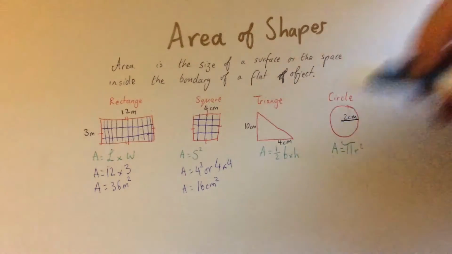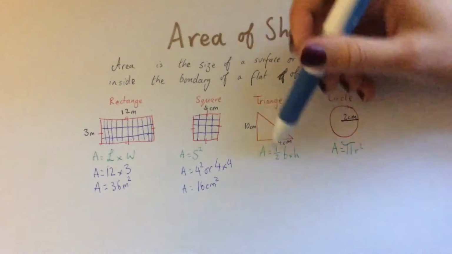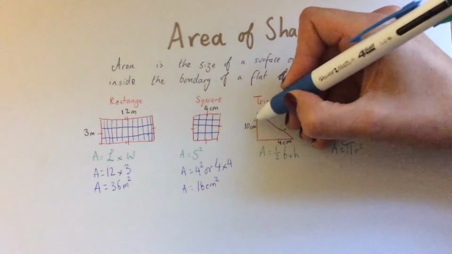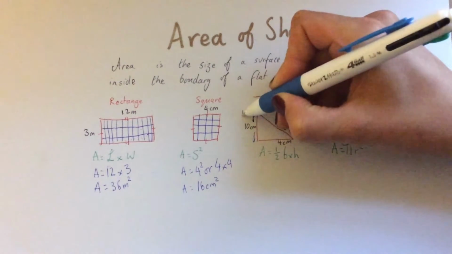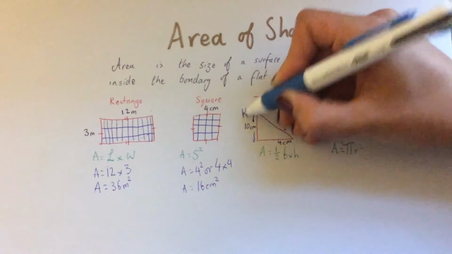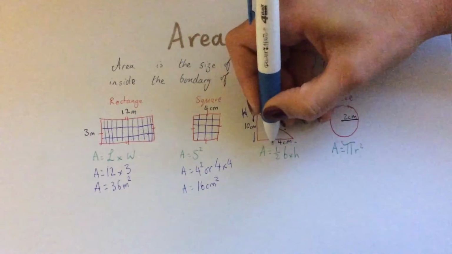Okay, so now moving on to our triangle here. We always need these two measurements. We need the measurement of the height, which is this one, and then we need the base measurement, which is this one here.